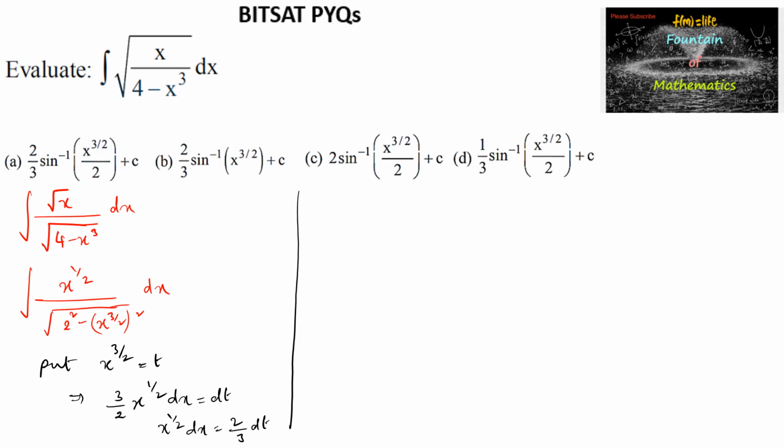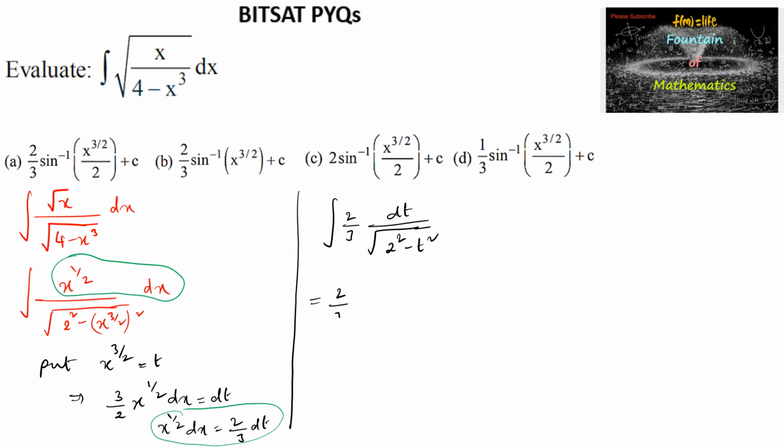So we can write the integral, x power 1 by 2 dx is 2 by 3 dt. So here x power 1 by 2 dx we can write 2 upon 3 dt divided by under root of 4 minus t square, that is 2 square minus t square.